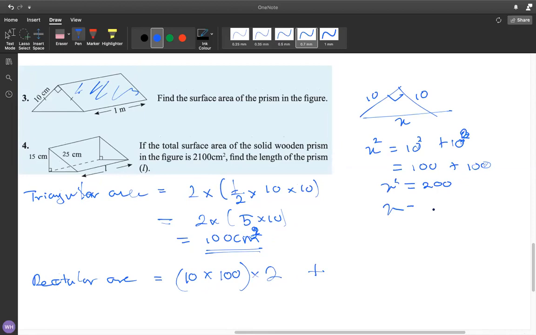You need x, so this will be the square root of 200, which is 10 times root 2, which is 14.1 centimeters. Did anybody get this answer? You got it? No, sir.